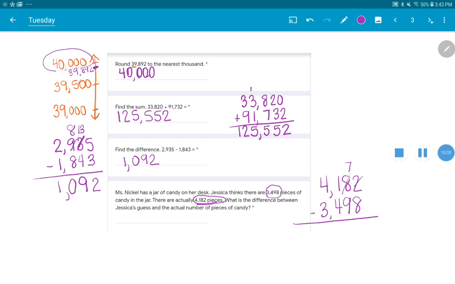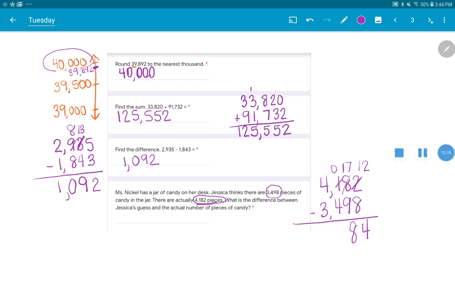That'll leave me with 7 10s, and if I exchange those 10s for 1s, now I have 12 1s. 12 minus 8 is 4. I can't do 7 minus 9, so I'm going to have to take a group of those hundreds and exchange that for 10 10s. So 10 plus 7 is 17. 17 minus 9 equals 8.